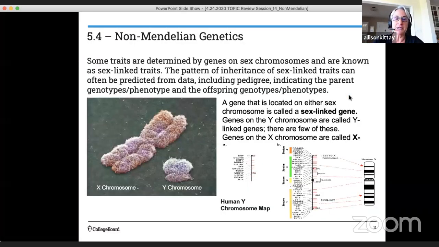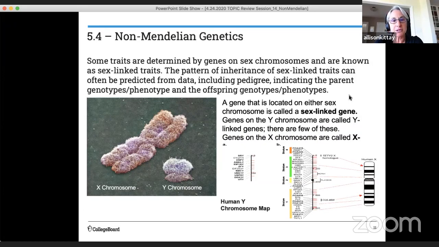All right, so here's what you need to know. And I know that Ms. Pfizer talked about sex-linked inheritance yesterday, but I want to go over a few other things with regard to sex-linked inheritance patterns, which technically could be placed either in Mendelian or non-Mendelian, but in our course and exam description, they are included in section 5.4, which are non-Mendelian traits.